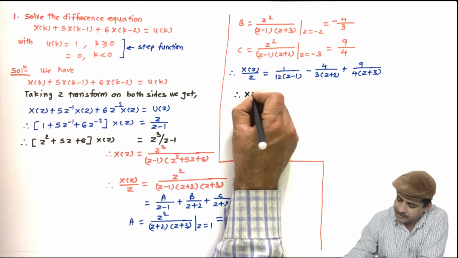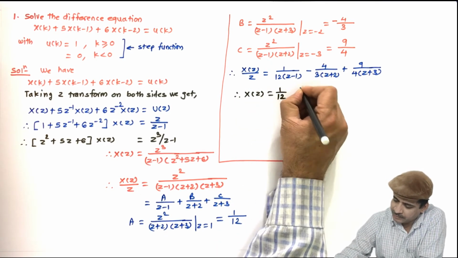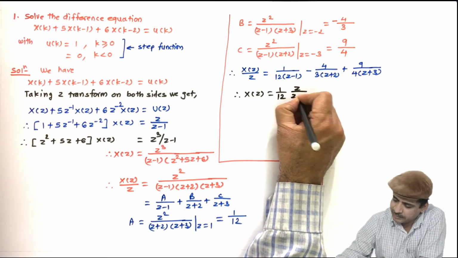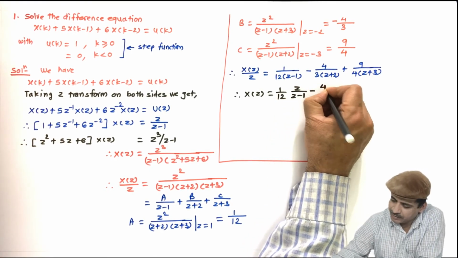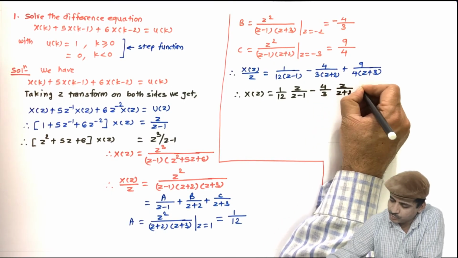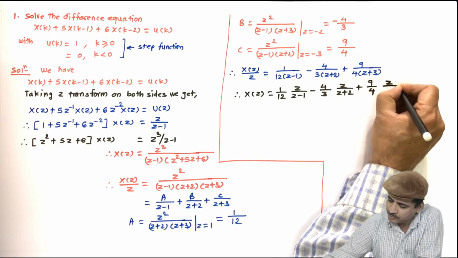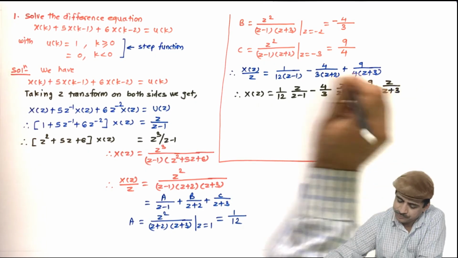So x of z is equal to 1 by 12 into z upon z minus 1, minus 4 by 3 into z upon z plus 2, plus 9 by 4 into z upon z plus 3.